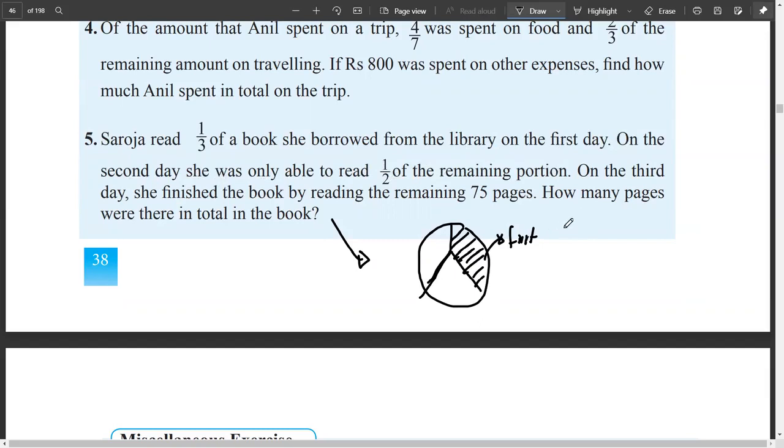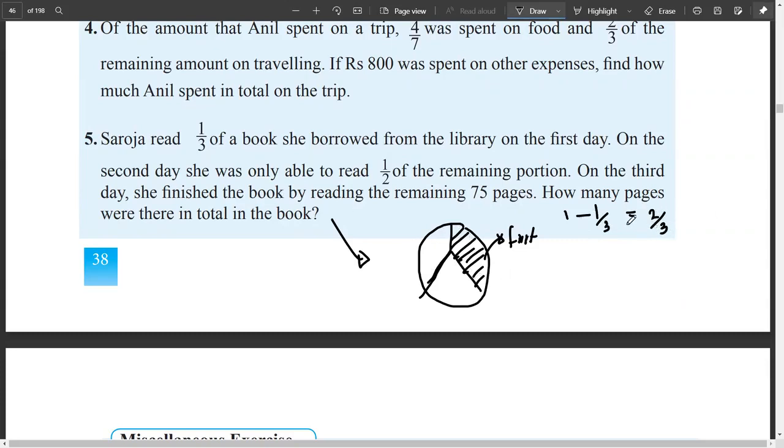Okay. So on the second day, she was only able to read 1 over 2 from the remaining portion. So after the first day, the remaining part is 1 minus 1 over 3, which is 2 over 3. Okay, so after the first day, the remaining part is 2 over 3.